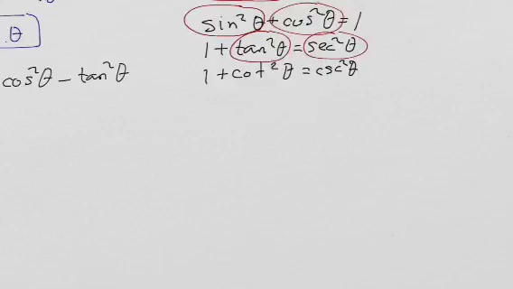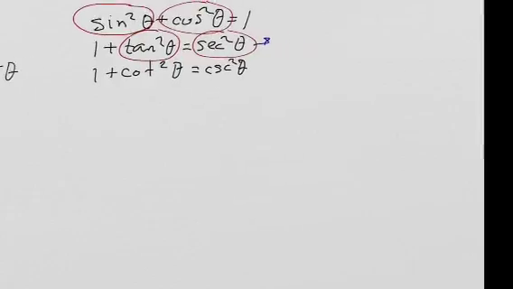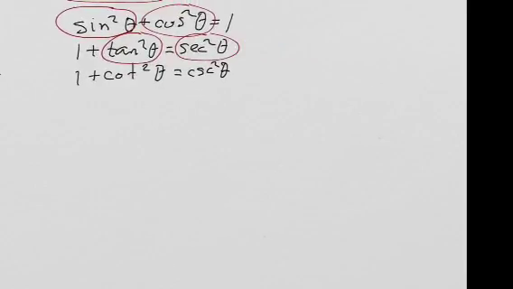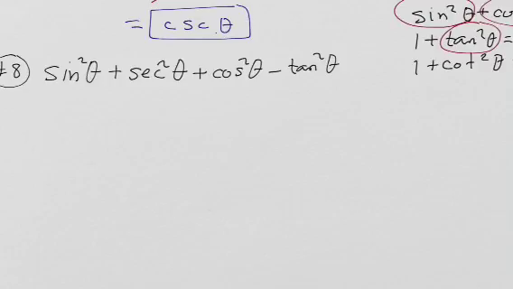So we should be able to recognize that this one can be transformed. Taking that secant squared, and if you subtract the tangent squared from both sides, then that would leave the 1 all by itself on one side. So secant squared minus tangent squared equals 1. Okay, so that's what we're thinking about.